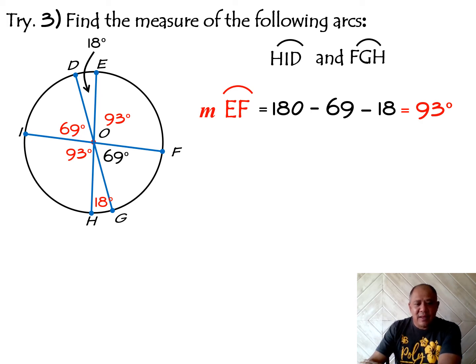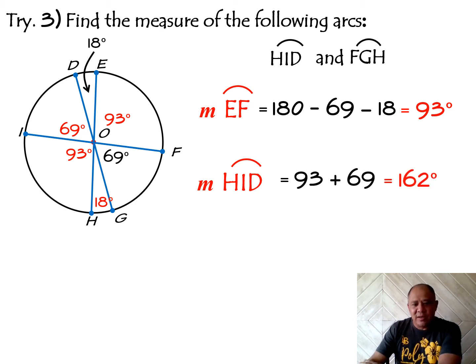Now, let's find the measure of HID. HID would be adding up HI and D together, which is 93 plus 69, which gives us 162 degrees. Now we have to find the measure of FGH. FGH would be adding up F to G to H, which is 69 plus 18, which gives us 87 degrees.